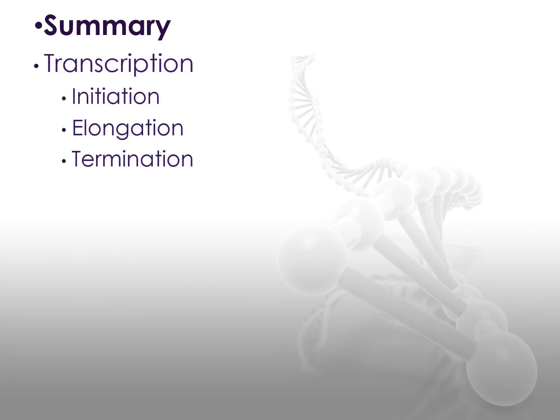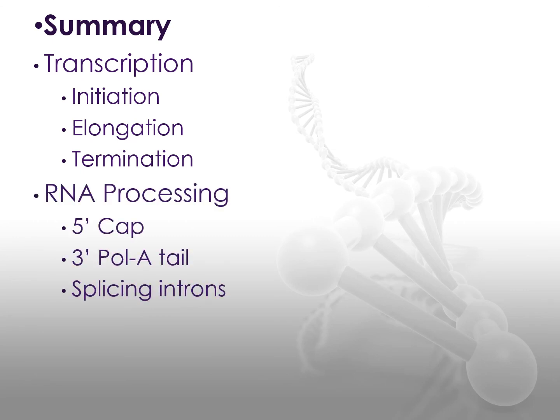Okay, in summary, I described all of the steps of transcription, which involved initiation, elongation, and termination. Remember, there are some slight differences between prokaryotes and eukaryotes. And RNA processing would be the next step during gene expression.